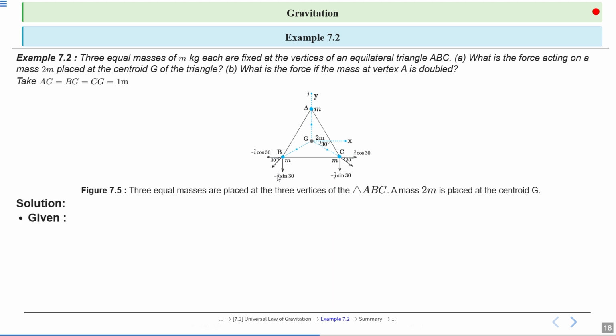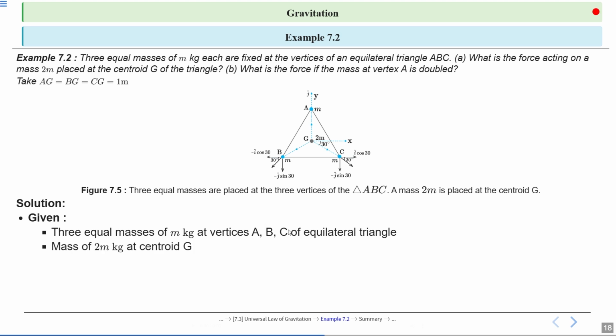Given: 3 equal masses of m kg at vertices A, B, C of equilateral triangle. Mass of 2m kg at centroid G. AG equal to BG equal to CG, that is equal to 1 meter.